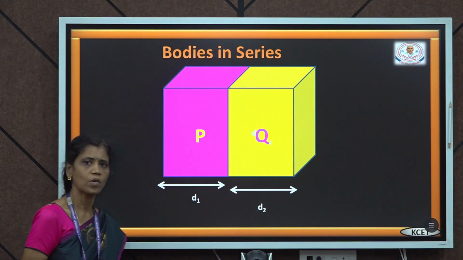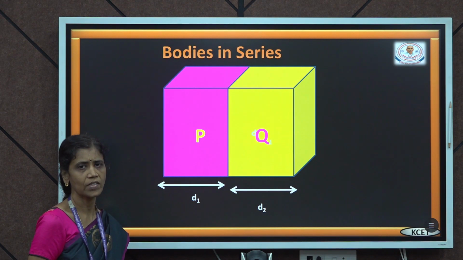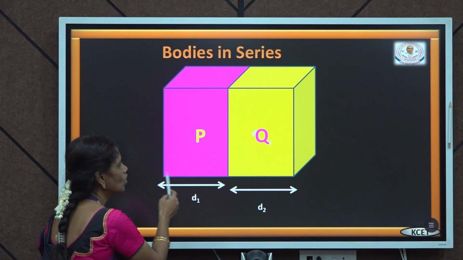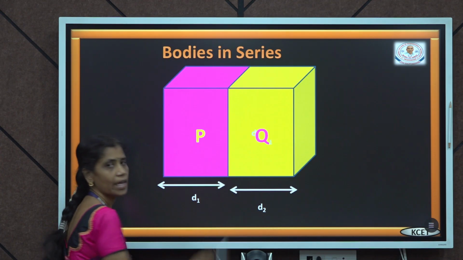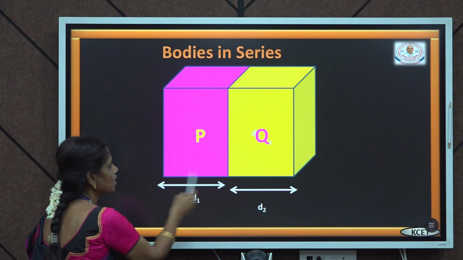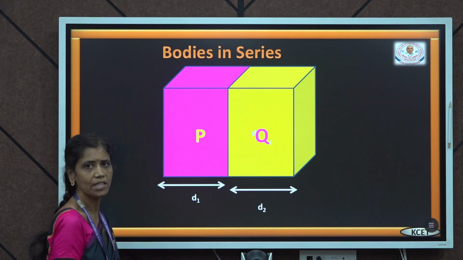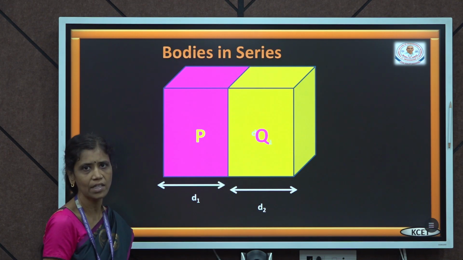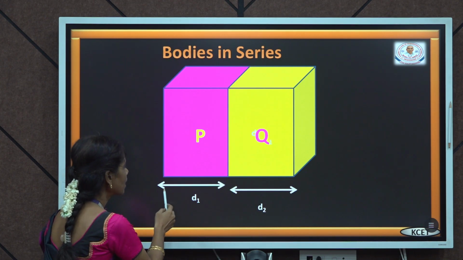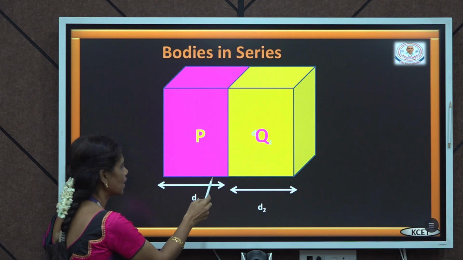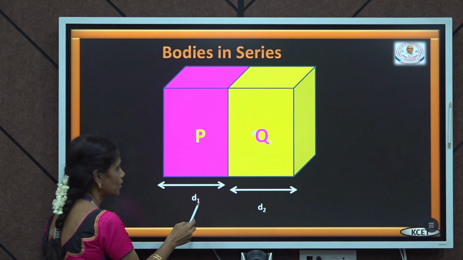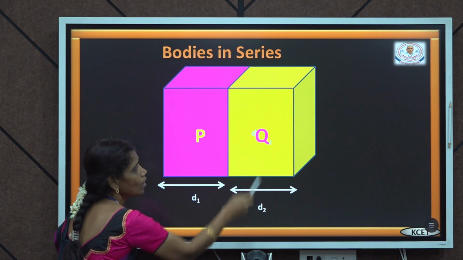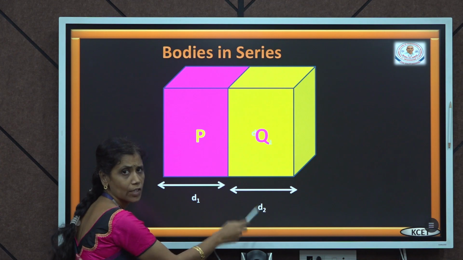First, we discuss the heat conduction in bodies in series. Here two different materials P and Q are considered. P is the material having thermal conductivity K1, Q is the other material having thermal conductivity K2. The thickness of the first material P is taken as D1 and the thickness of the material Q is considered as D2.